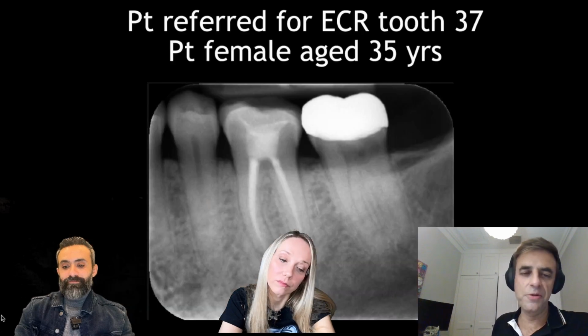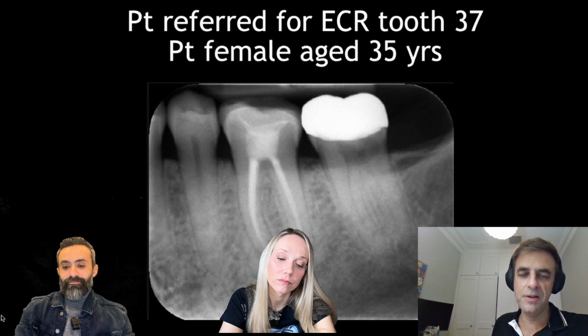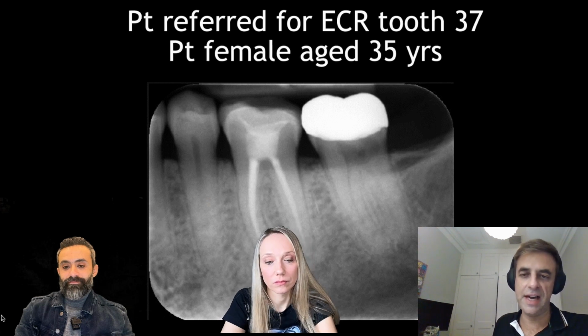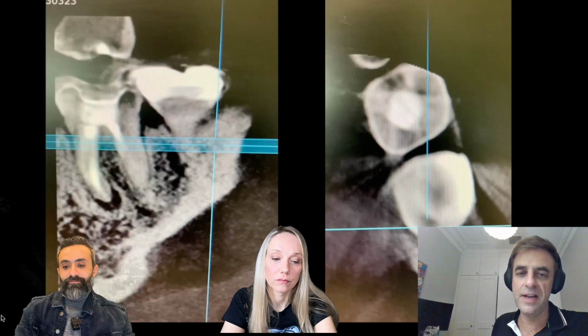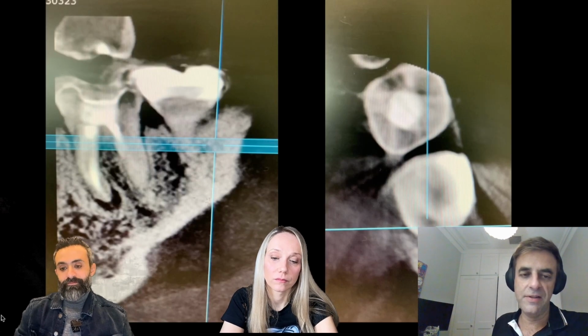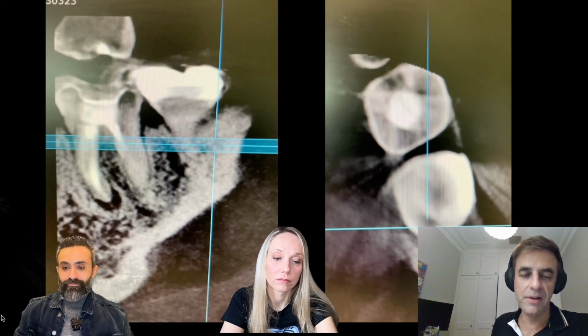You can see from the radiograph here, there's something interesting that has an occlusal restoration in the first molar tooth. So what we did is a CBCT scan just to check out the external cervical resorption, which I think is mandatory. I haven't done a root resorption case ever and not taken a CBCT recently. It's so worthwhile getting that information.